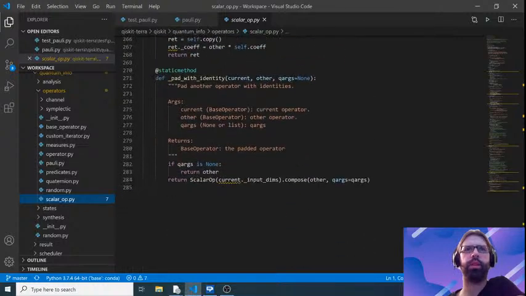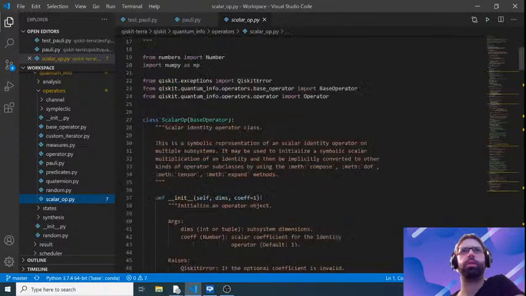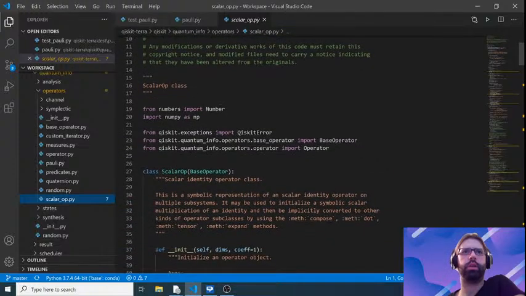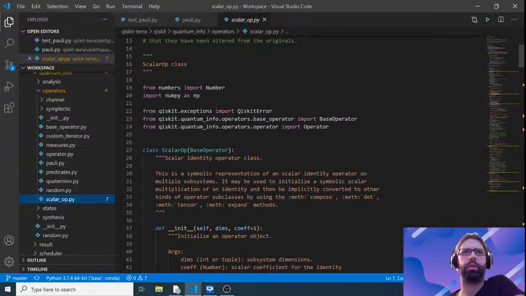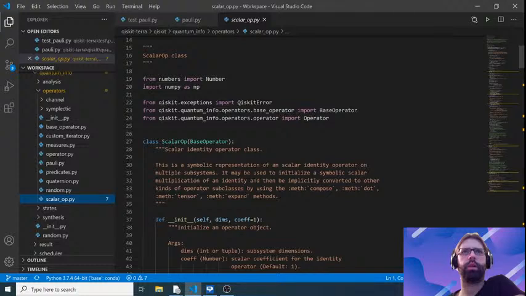Pad with identity. What is this? Scalar op inherits from base operator, and it's a symbolic representation of a scalar identity operator on multiple subsystems.